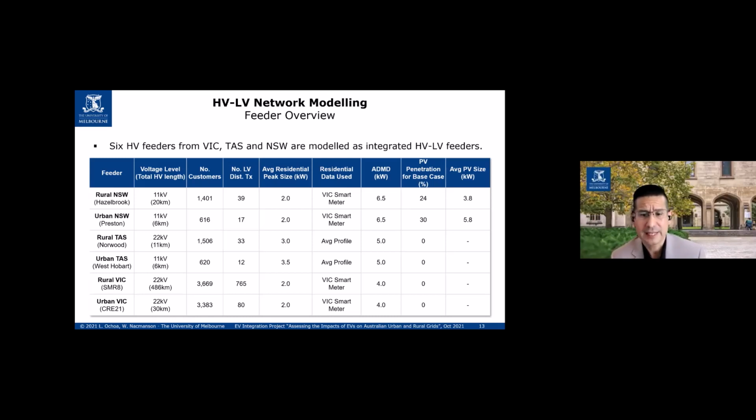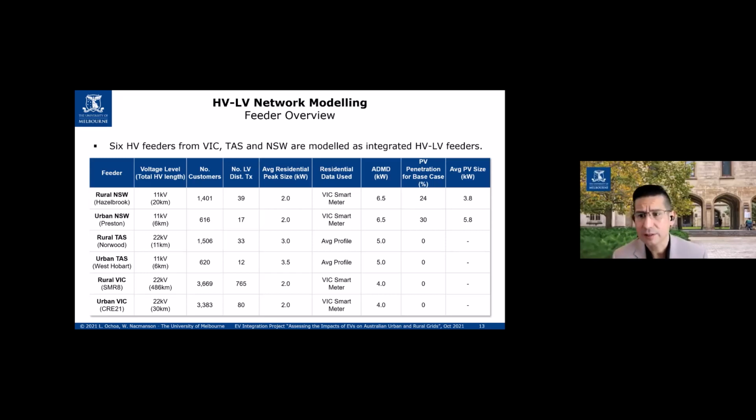Interesting to see as well the ADMD that was used to design the low voltage part of those networks. You can see that the ADMD in New South Wales is much higher than the ADMD in Victoria, and the ADMD of the TAS networks is kind of in the middle. Now, all of this is just because of the nature of the normal demand that we have in each region, but this also will affect how you have capacity, perhaps for extra demand, as you will see in the results as well.